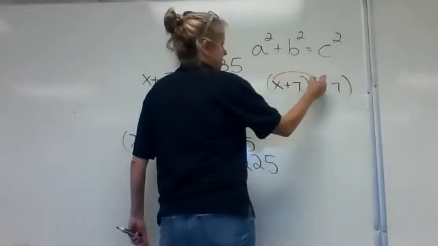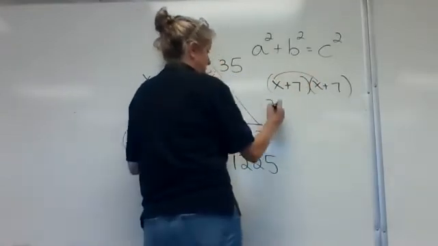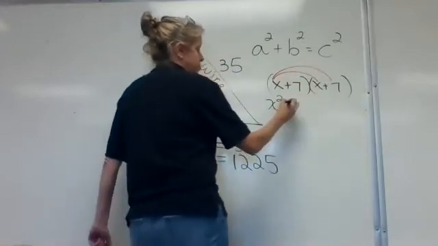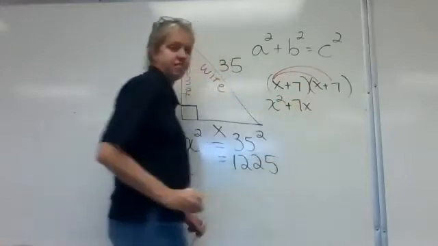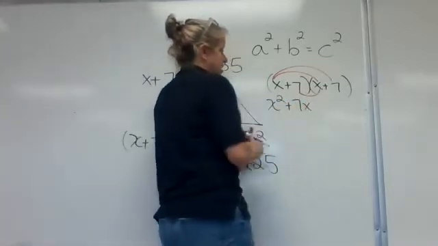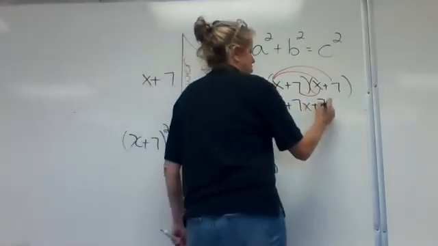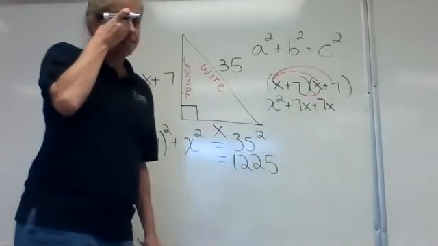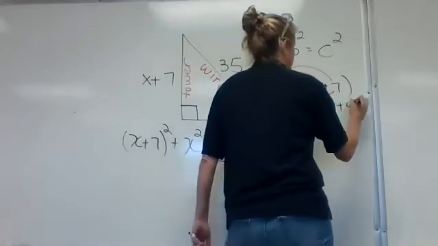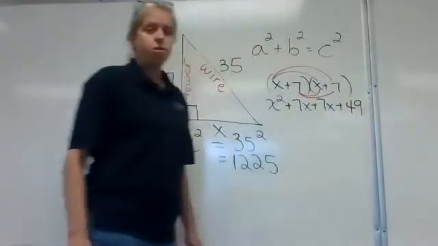My first, x times x, gives me x squared. My outer, x times positive 7, is 7x. My inner, 7 times x, is 7x. And then my last, 7 times 7, is positive 49.